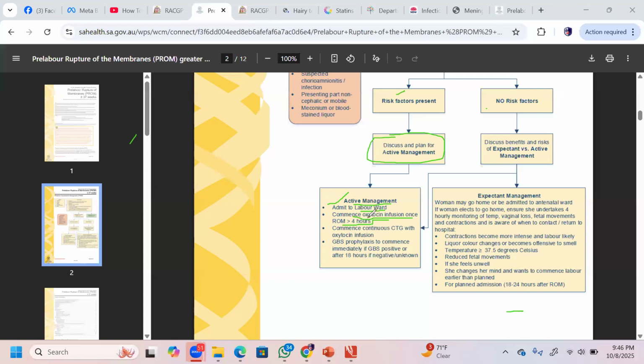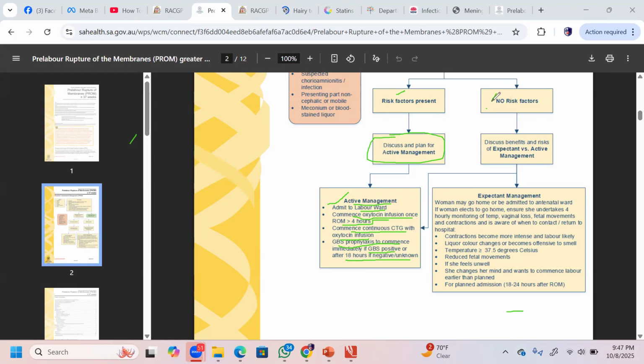So you will go with active management, and after admission, you will go with oxytocin infusion once the rupture of membrane is greater than 4 hours. Then commence continuous CTG with oxytocin infusion. And then you will commence GBS prophylaxis immediately if GBS is positive, or after 18 hours if negative or unknown.